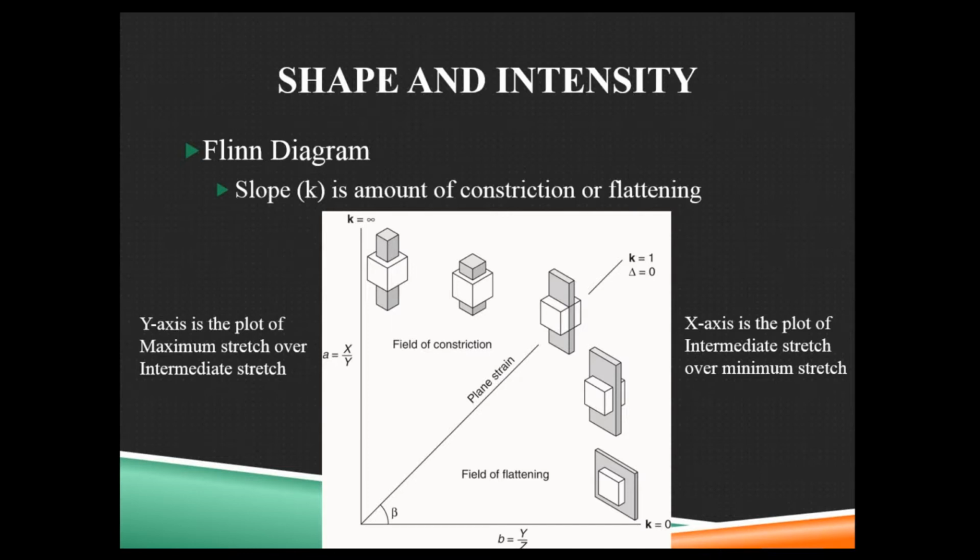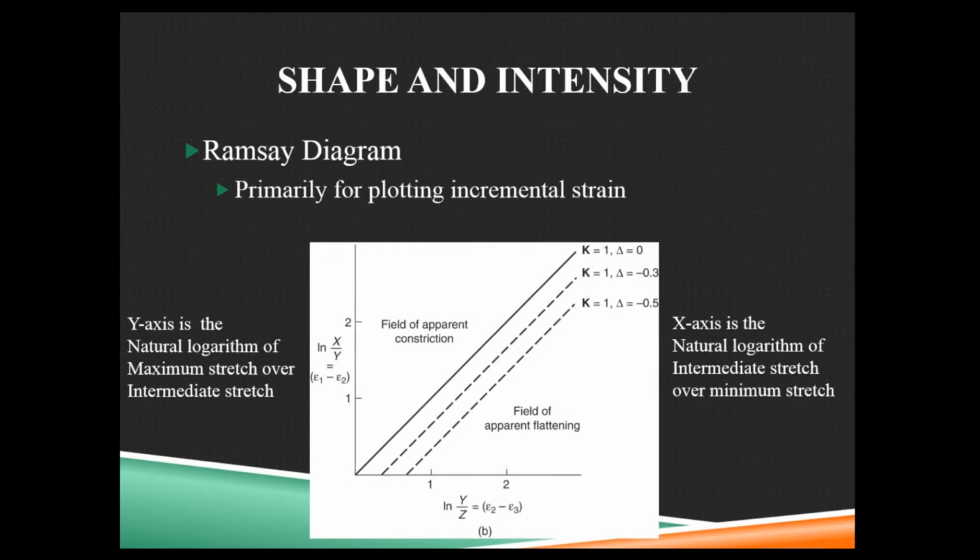We could plot 4 data points or 400 data points, or 4,000 data points, and have basically a data cloud in there, and where all those data points were falling, where they're more concentrated, where they're less concentrated, tells us a lot about the stress and the strain in that whole area that we're getting all the data from. A Ramsay diagram, on the other hand, is for plotting incremental strain.